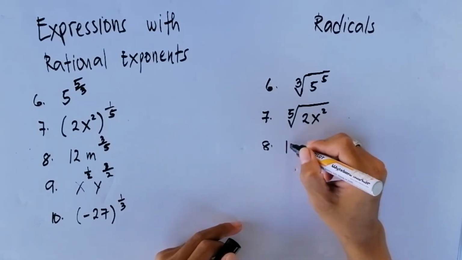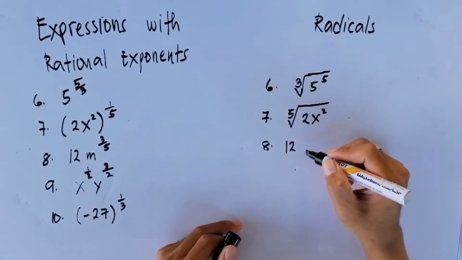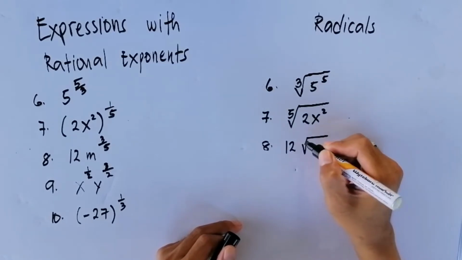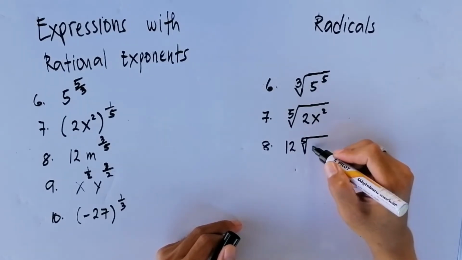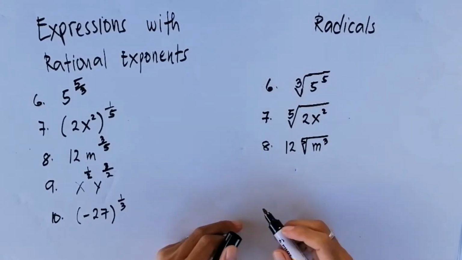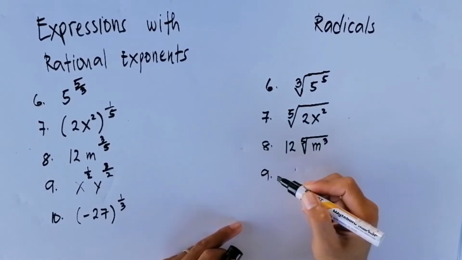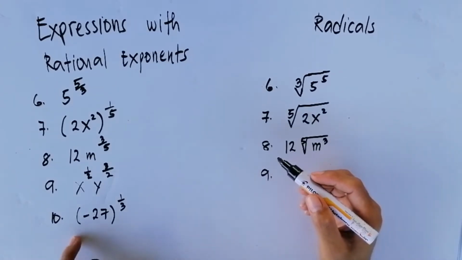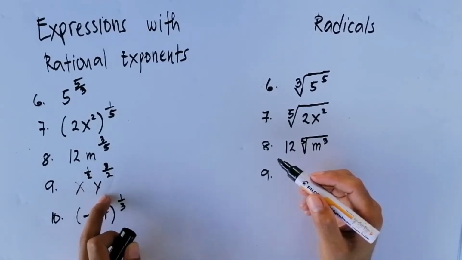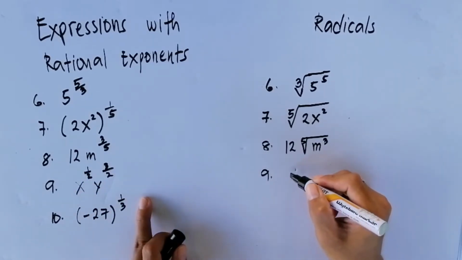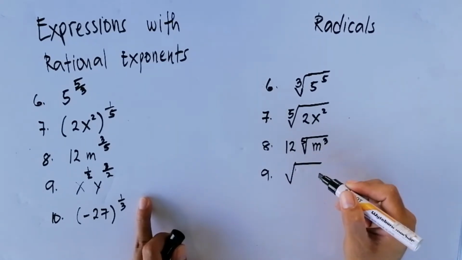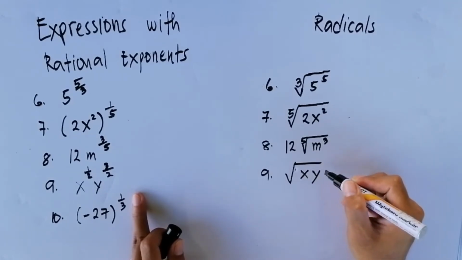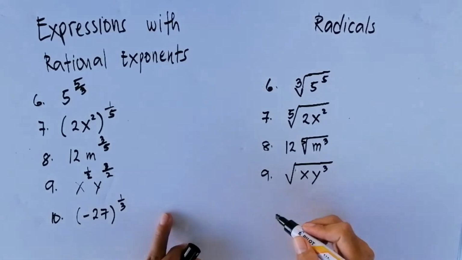So that is 12 times the 5th root of m squared to 3. Number 9: x raised to 1/2, y raised to 3/2. The answer is the square root of x and y cubed.